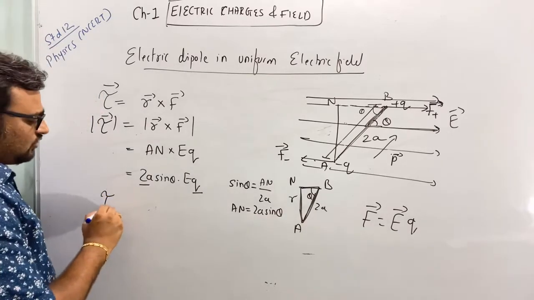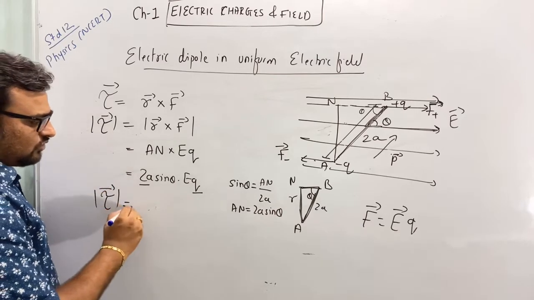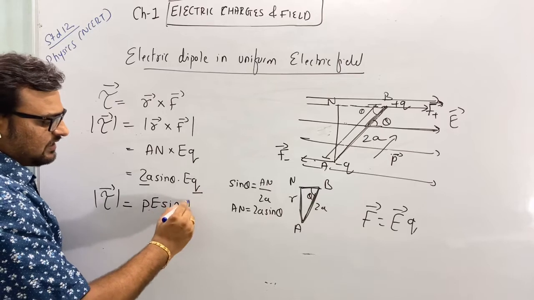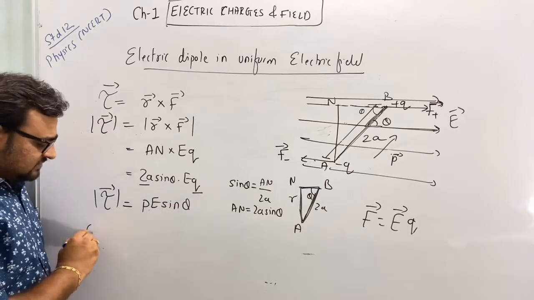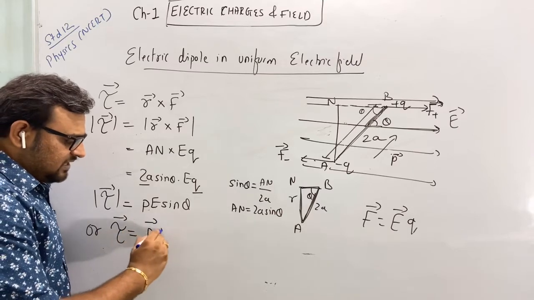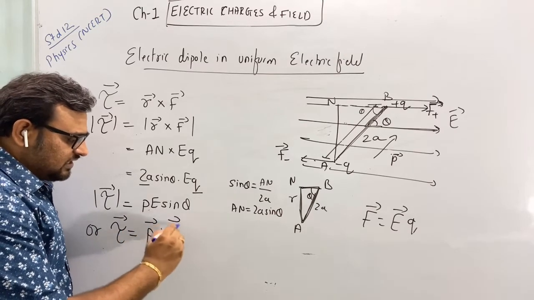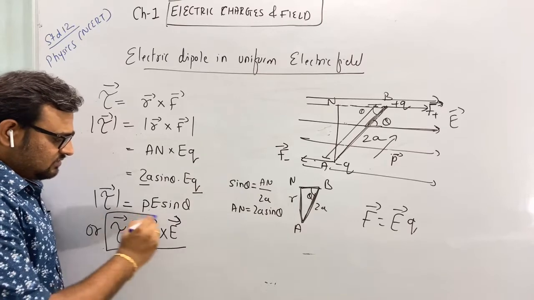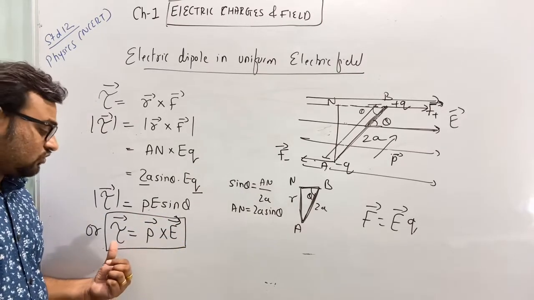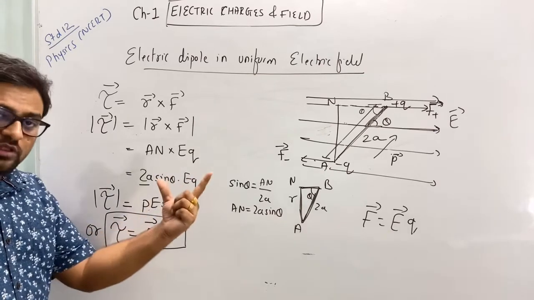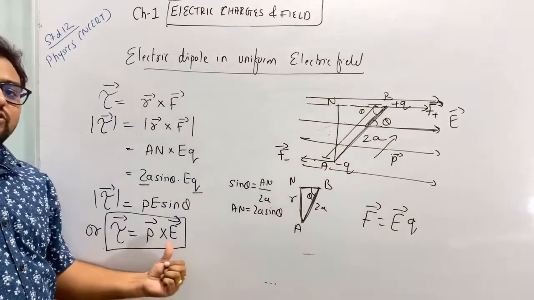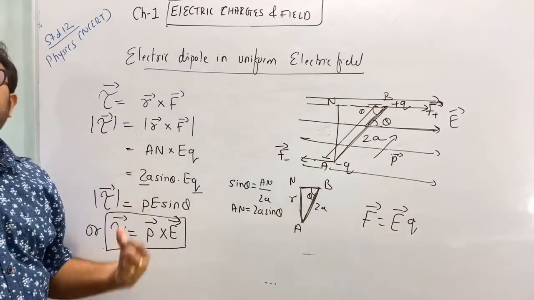So the magnitude of torque will be equal to P E sine theta, or in vector form I can write P cross E. Clear? So the torque acting on a dipole placed in an electric field is P cross E.